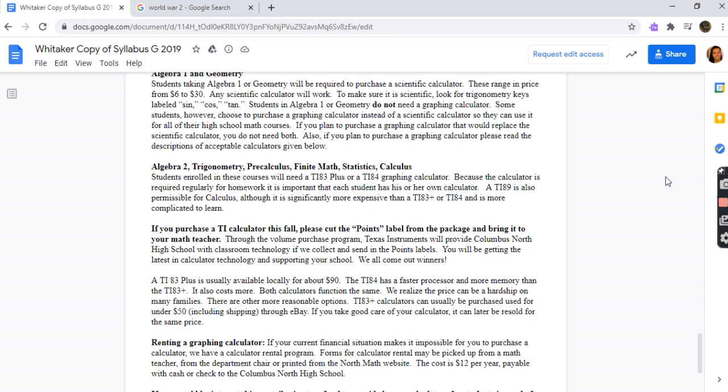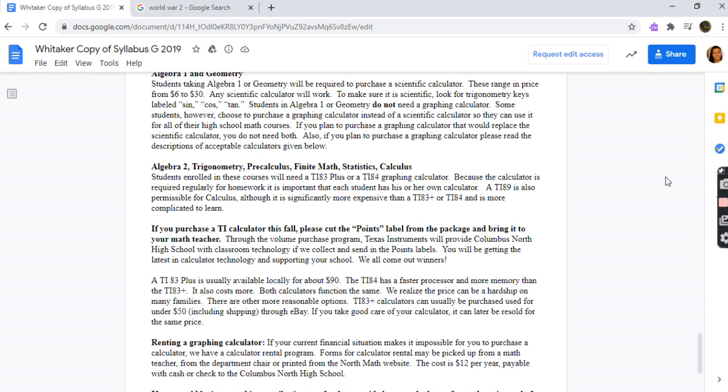If you purchase a TI calculator this fall, please cut off the points label from the package and bring it to your math teacher. Through the volume purchase program, Texas Instruments will provide Columbus North High School with classroom technology. If we collect and send in the points labels, you will be getting the latest in calculator technology and supporting your school.